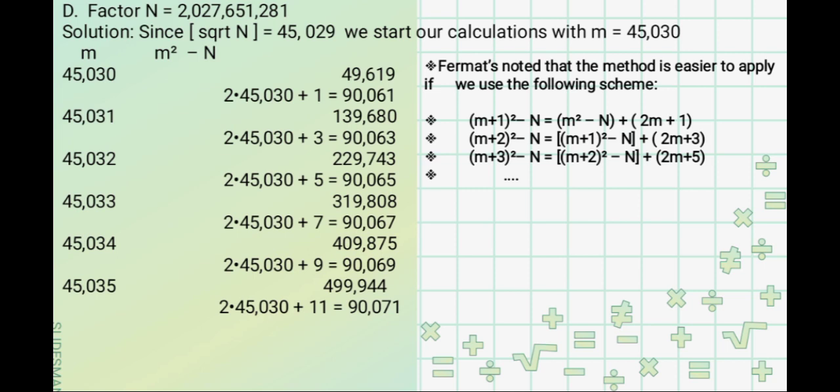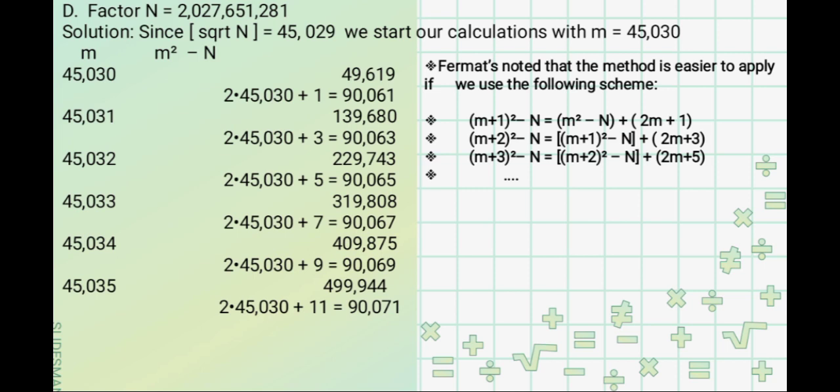The first number that we have here is 45,030, and the first number in line under m squared minus n is 49,619. You may be curious where 49,619 comes from. We get it by substituting into the equation m squared minus n.